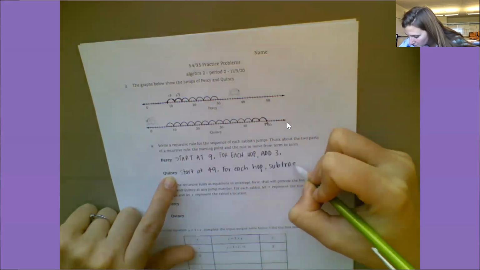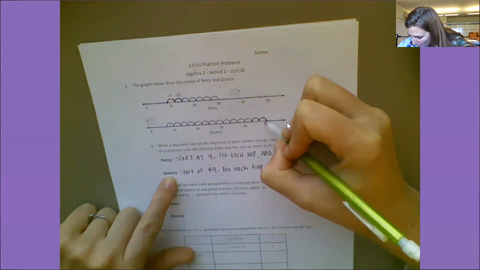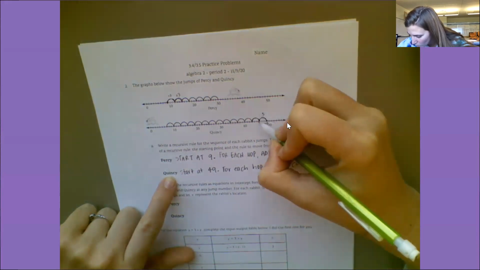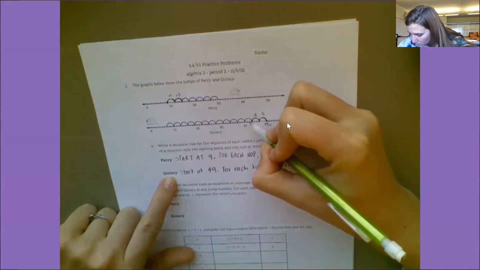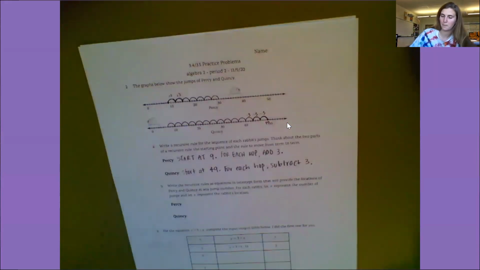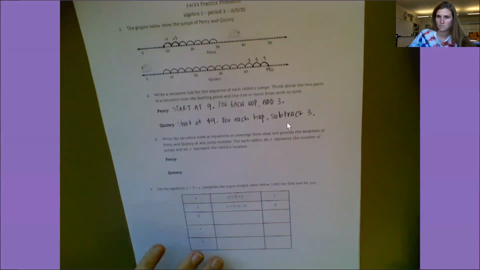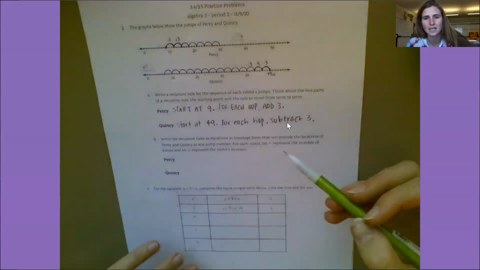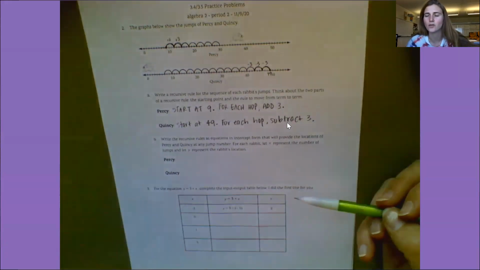And how much are we subtracting? We go back 1, 2, 3. 1, 2, 3. So subtract 3.